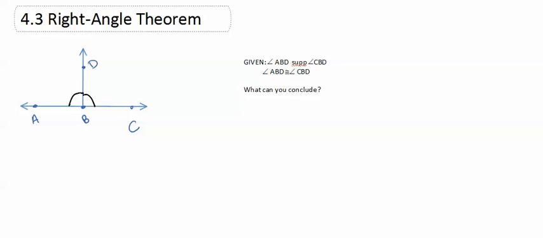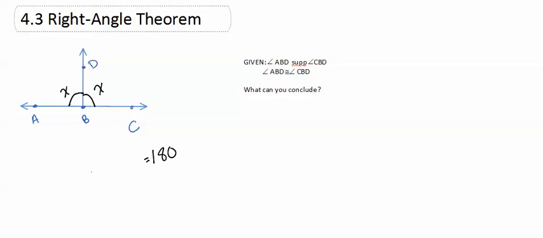Let's think about this algebraically for a second. We know that a straight angle adds up to be 180 degrees. We also know that the two angles will be congruent. Now, let's say we don't exactly know what they are, but since they're congruent, we can label them with the same variable.